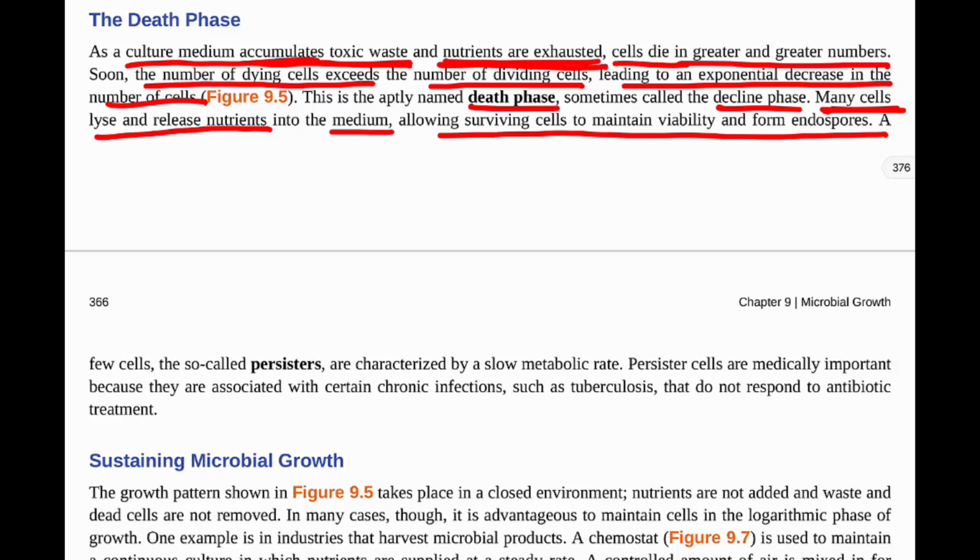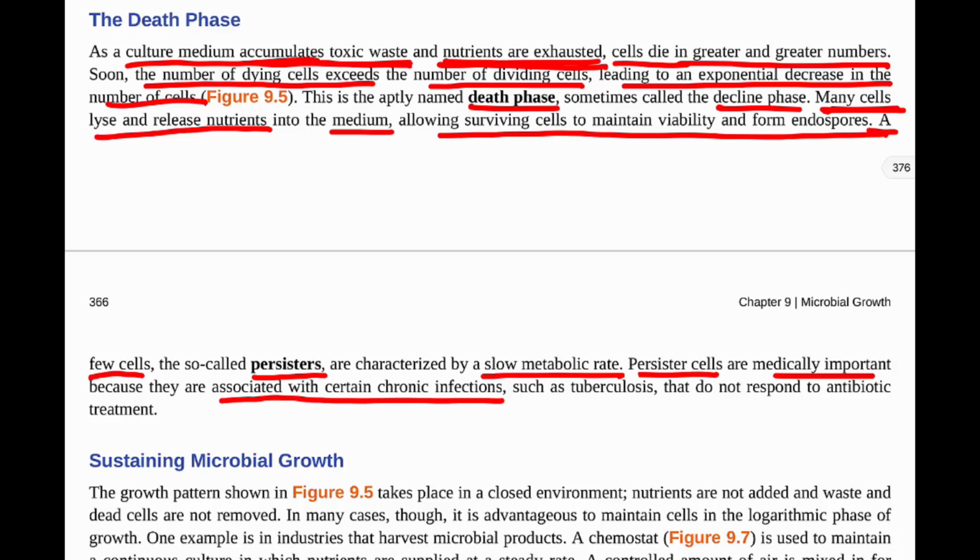There are a few cells, the persisters, those are those that persist through, and they are characterized by a slow metabolic rate. These persister cells are medically important because they are associated with certain chronic infections. So those are the ones that kind of hang out even though the nutrients are not really great and there's a lot of toxic waste around, they're going to persist.